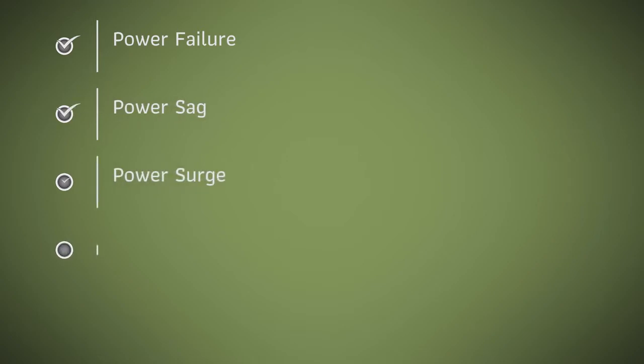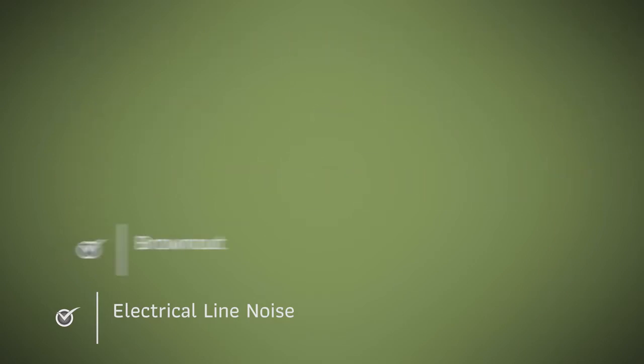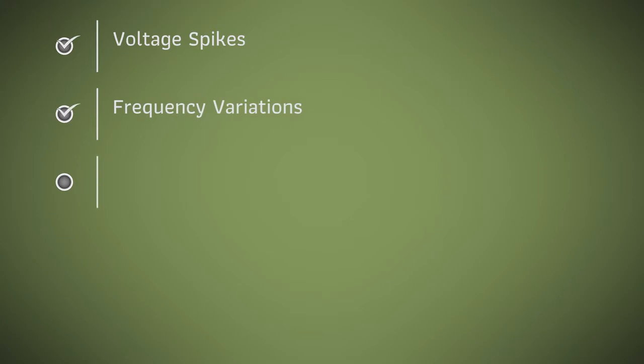Third, power surges. Fourth, brownouts. Fifth, electrical line noise. Then voltage spikes, frequency variations, switching transients, and harmonic distortions. Those are the 9 things that you should be protected from for your critical data.